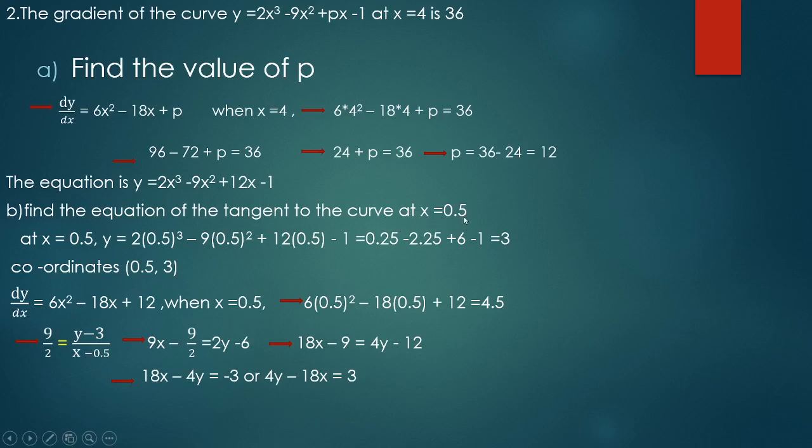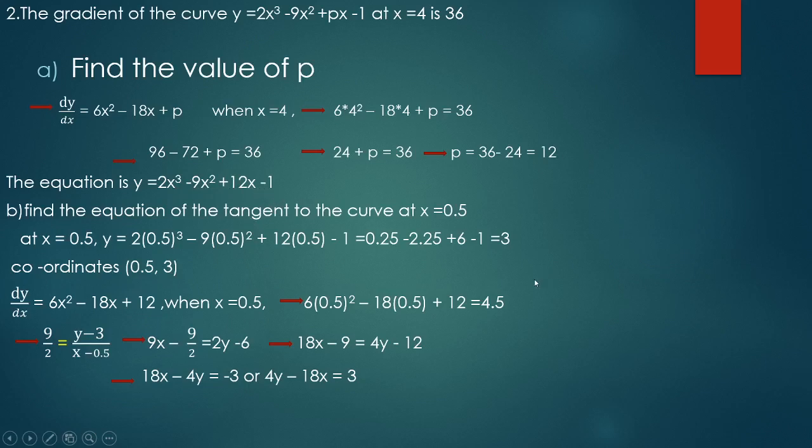Now at the point x equals 0.5, we find the equation of the tangent. What we need to know is that at x equals 0.5, we need to find the coordinate. So to find the coordinate, we substitute 0.5 in the equation of the curve, to find the coordinate of that point.